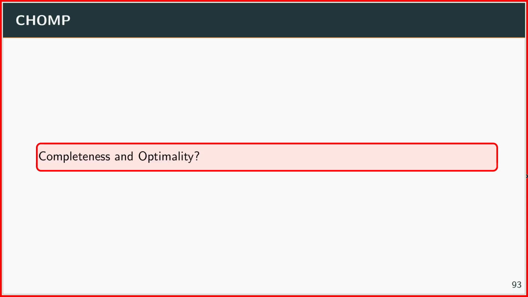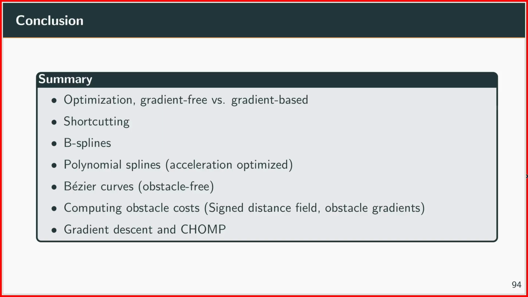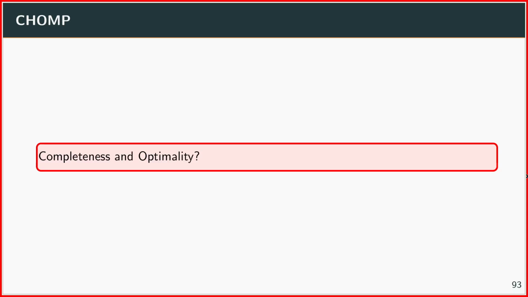Any more questions? Oh, yeah. Is there a reason that we always have to pre-compute the signed distance field, or would it also be possible to calculate the voxels on demand? Yeah, I mean, of course, you could also just compute it on demand, but it's just a very efficient way to compute clearances.